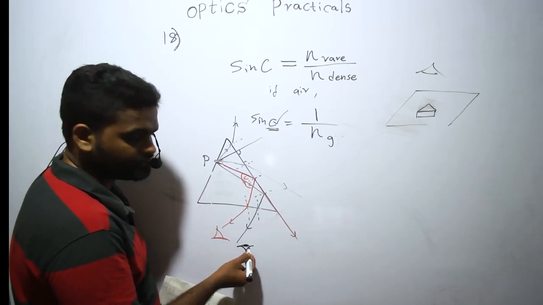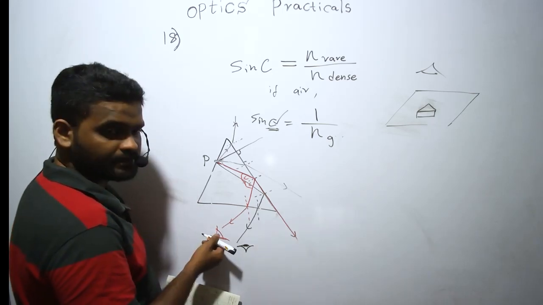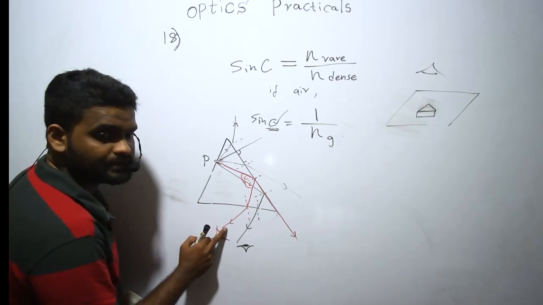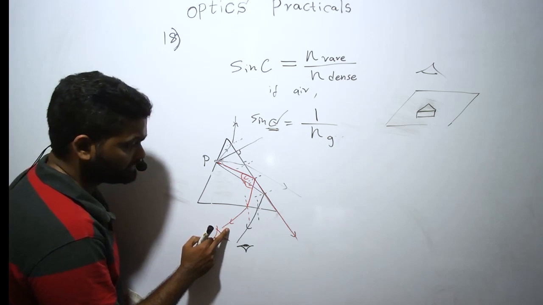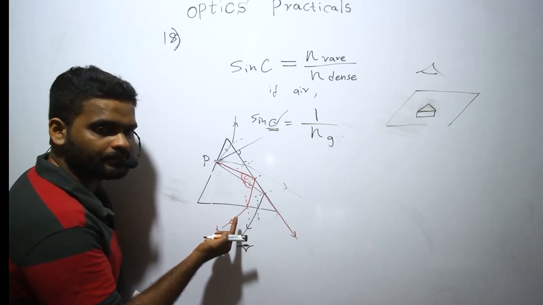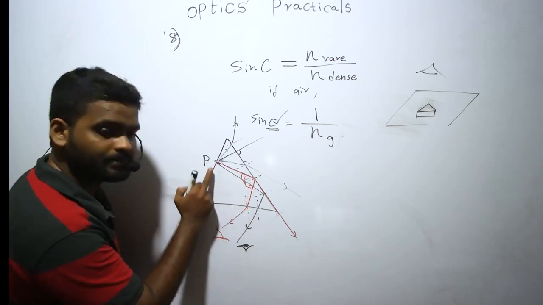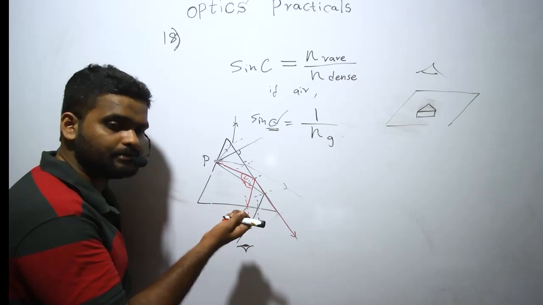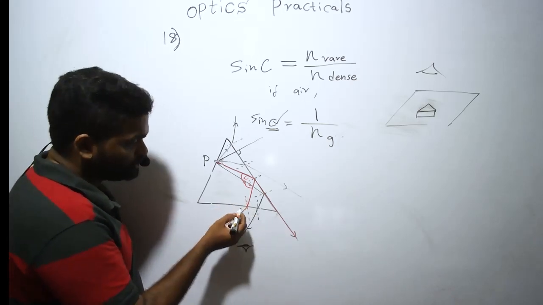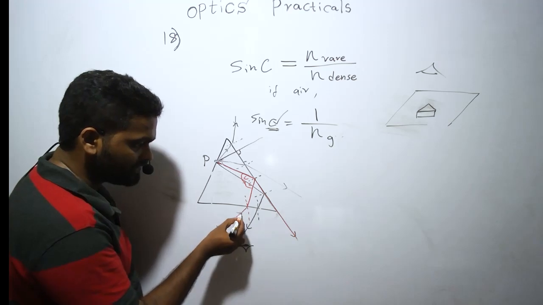Those rays as well. So you have to move your eye from this side to this side in order to identify this ray. So what happens is suddenly, what do you see here? What you see is the image of P. You see suddenly the image of P disappears. That point is where you place those optical pins.